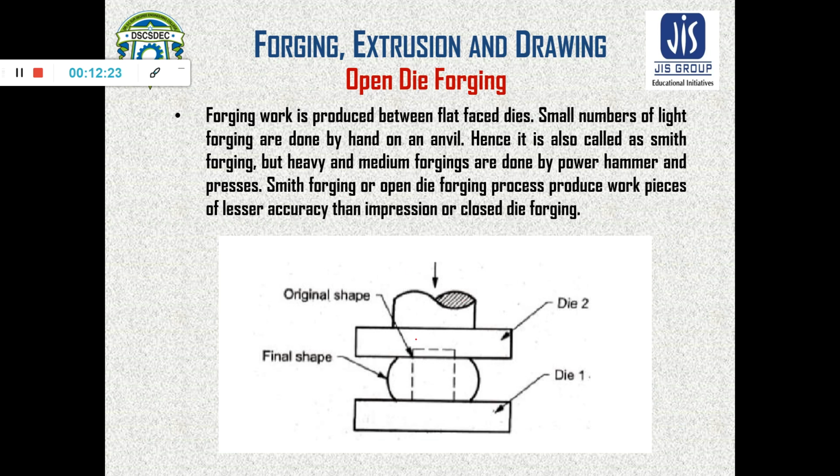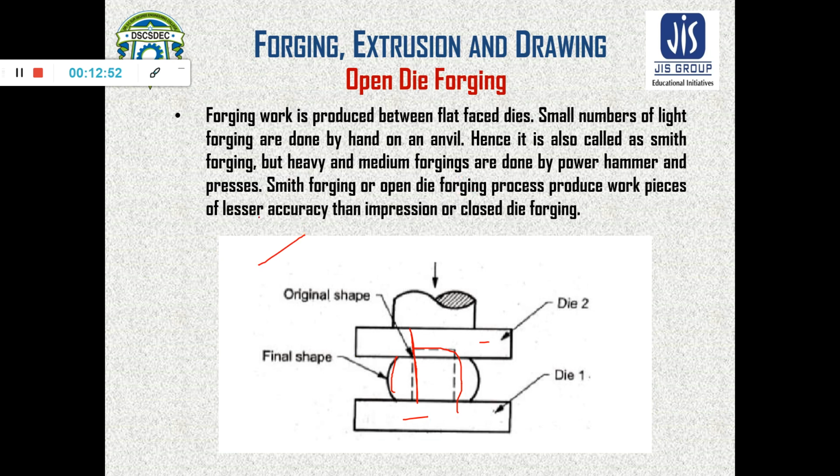See, this is open die forging. This is the original shape. By the first successive blow, by the first of the successive force, what happens? This shape is changed to this oval final shape, and this is die 1, this is die 2. You can see very clearly that the die is open, so that's why it is called open die forging.